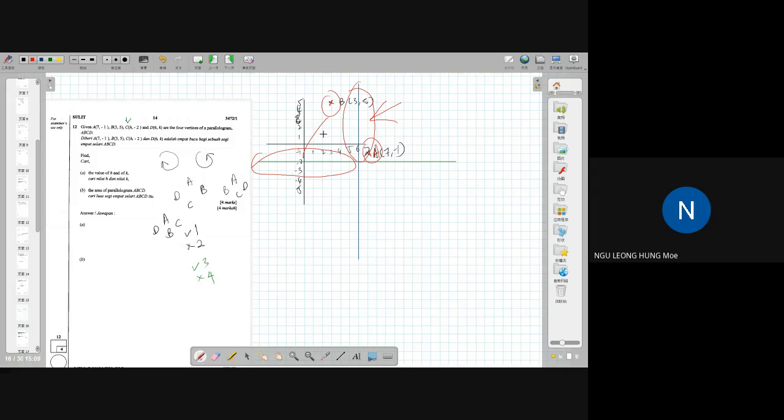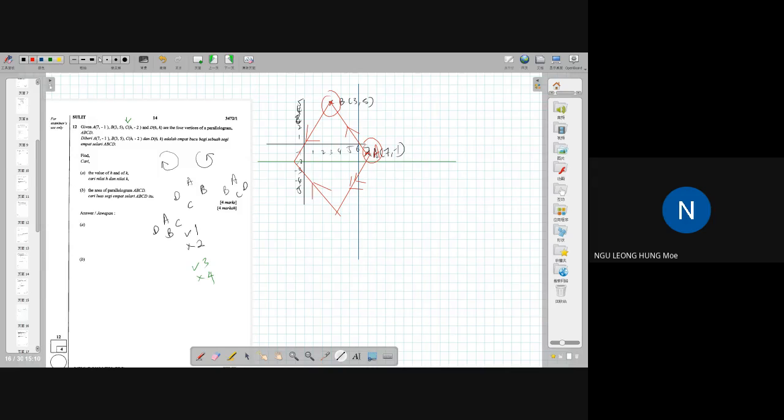This area, which means no. That means D must be somewhere here. Okay, you see, if I draw the line A, B, C, let's say C is here, that means D is somewhere here, like this, so that this is a parallelogram.